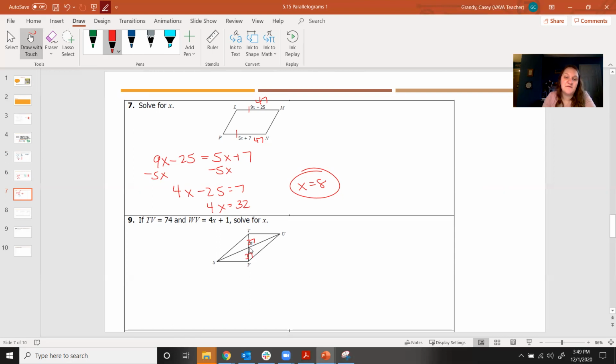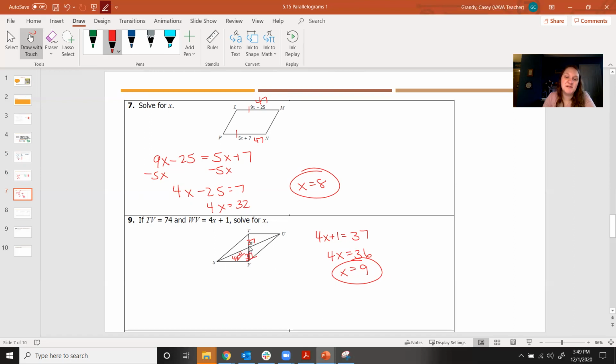And it says that WV, that's this piece, is 4x plus 1. So I have an expression and a number labeling the same segment, which means that this must be congruent. X equals 9.